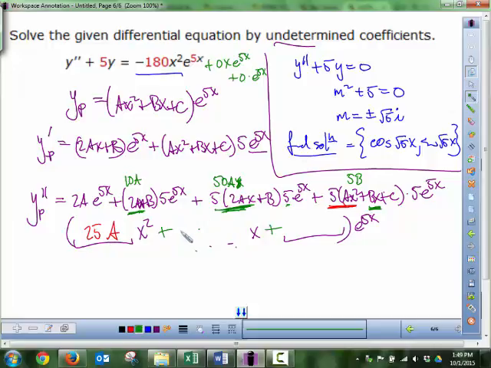Still 60a, right? Oh, there's a 5 here. 5, 25, plus 25b. Does that look okay now?